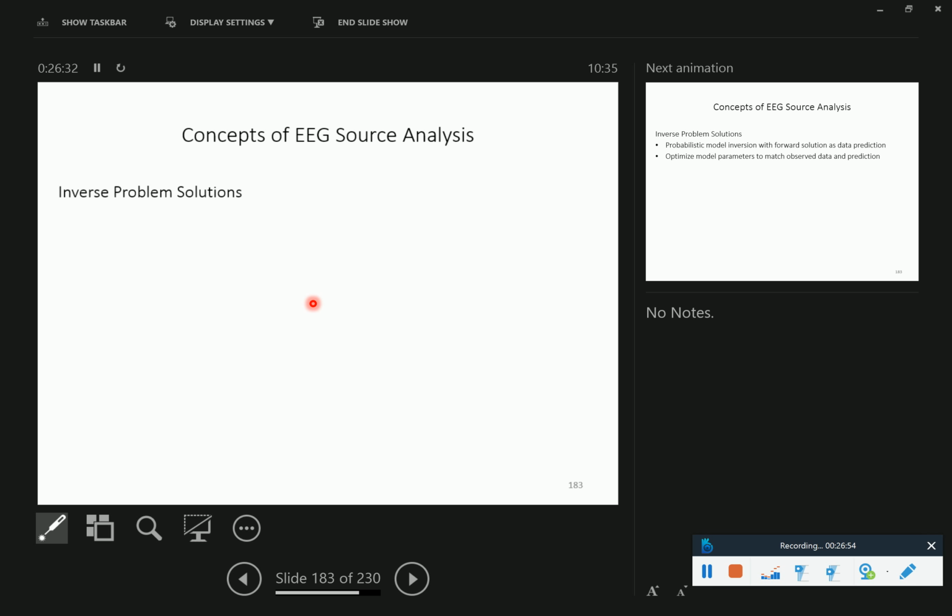Another way to view the forward problem is essentially as a model formulation in the sense of GLM. So, think back to the winter term when we talked about the GLM, where we had a design matrix and then the data Y arises from the design matrix times some unknown beta parameters, maybe under the addition of noise.